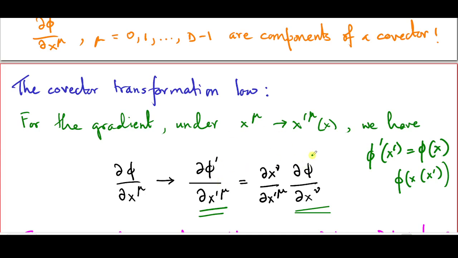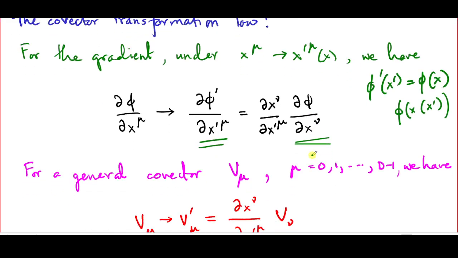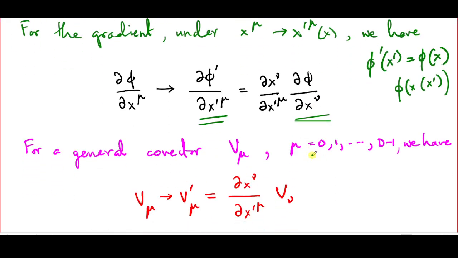And you can generalize this to figure out what the general rule for a covector transformation would be. For a general covector V_μ, where μ runs either from 0, 1 to d minus 1 or from 1, 2 up to d, we have the following transformation rule, which is just modeled on the way in which this object, the gradient of φ, transforms.